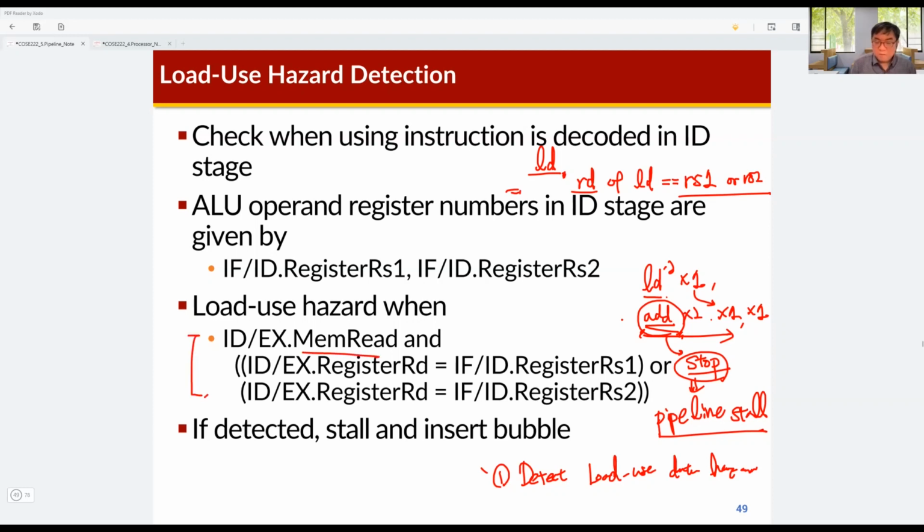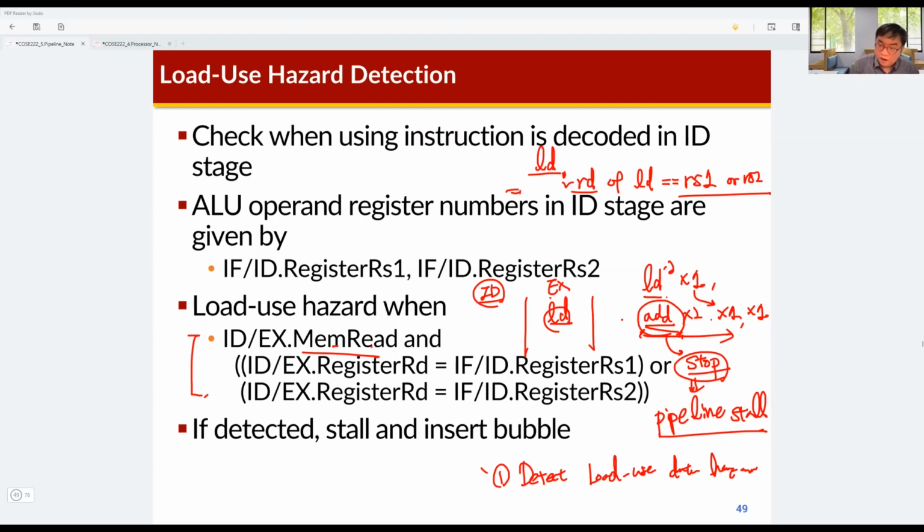So MemRead becomes 1 for load instructions, so we need to check the MemRead. The load instruction is in the EX stage, and the following instruction is in the ID stage. So we check the load instruction in the EX stage: MemRead becomes 1 for the load instruction.